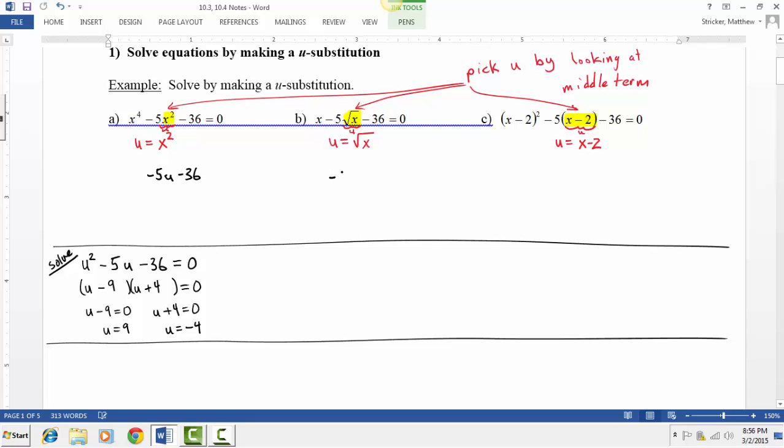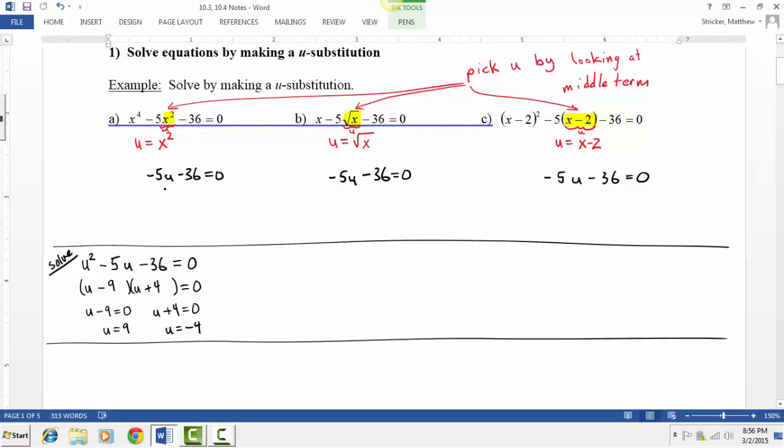It becomes minus 5u minus 36 equals 0. And then again over here, minus 5u minus 36 equals 0. Because when you substitute, all you do is you take one quantity and replace it with another. And if I let u equal x squared, then this x squared can become u. So instead of minus 5x squared, we have minus 5u.